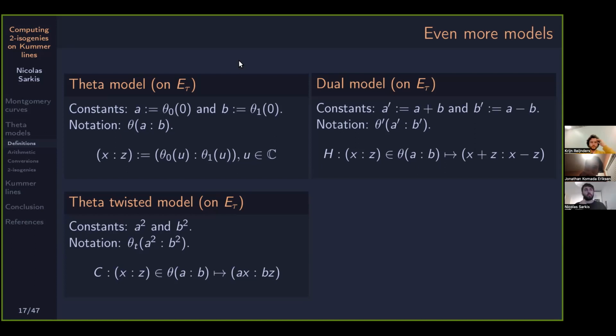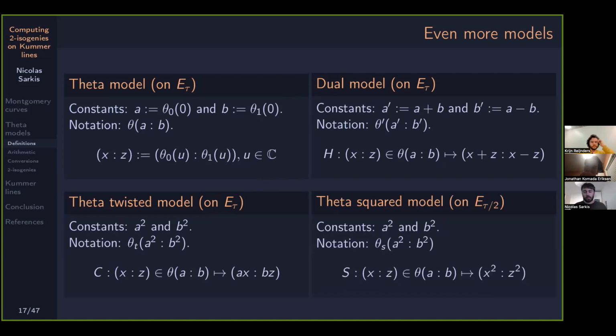All of this was over the curve E tau, because we kept having bases of R tau. The last one is a bit special, because this is the theta squared model.